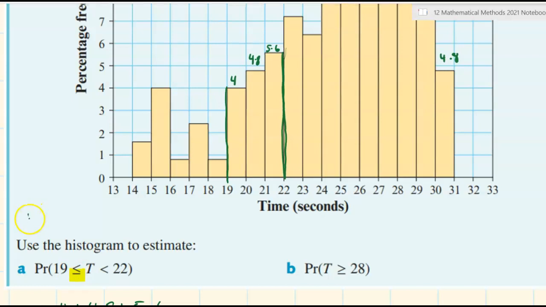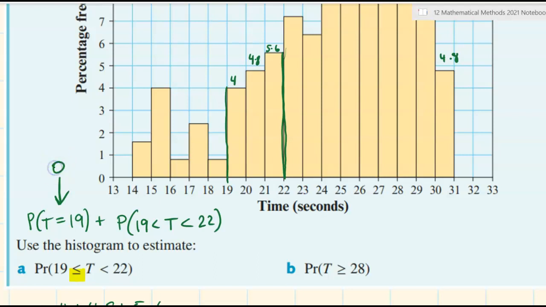So for example, we could write it as the probability that t is equal to 19 plus the probability that t is less than 22 and larger than 19. Do you guys agree with that? That's what that equal to means. What do we know about this here? It equals 0. For a continuous random variable, the probability of being equal to an exact point is 0.